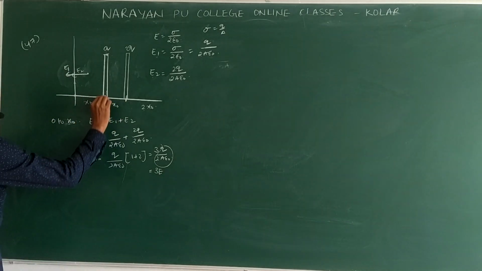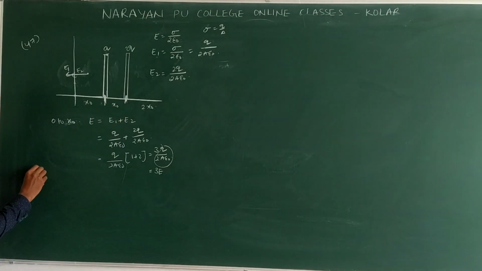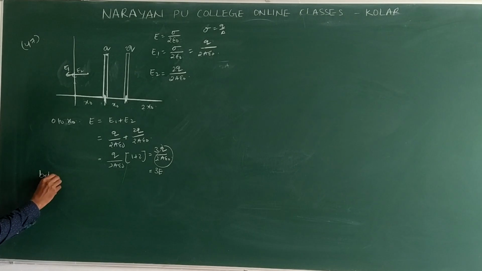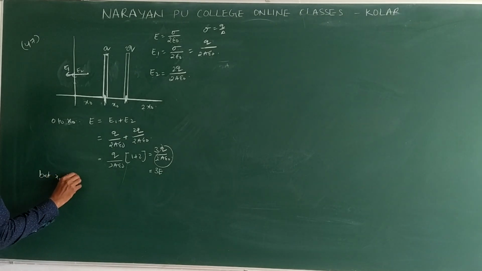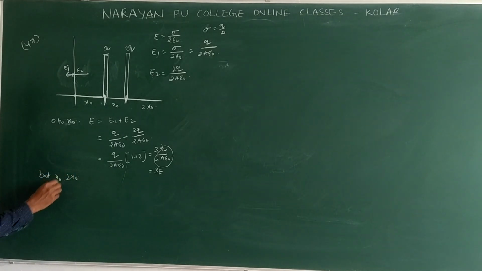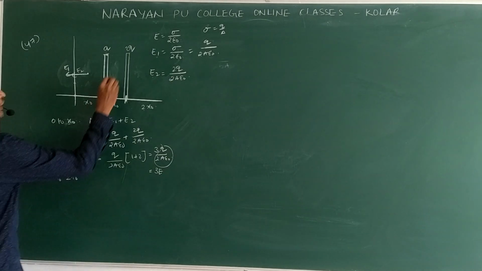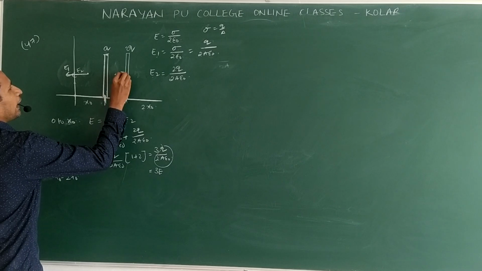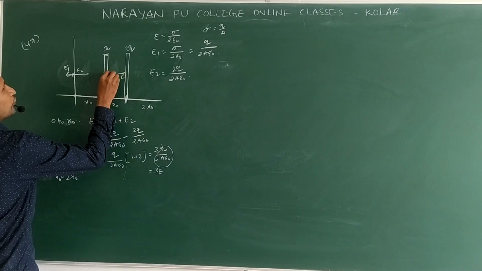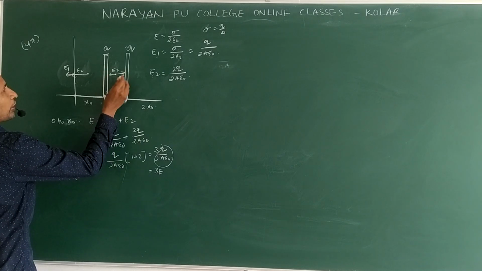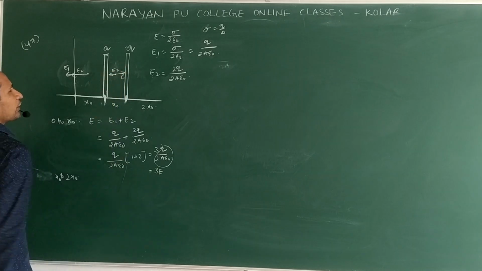Next, between x naught and 2 x naught. Here the E1 field acts in this direction, and the E2 field acts in this direction. Both are positive, so the field acts away.